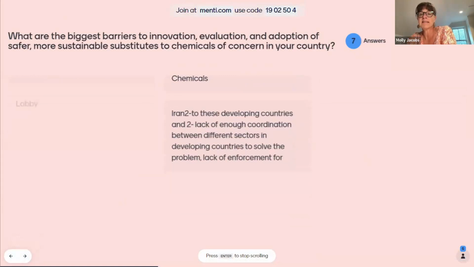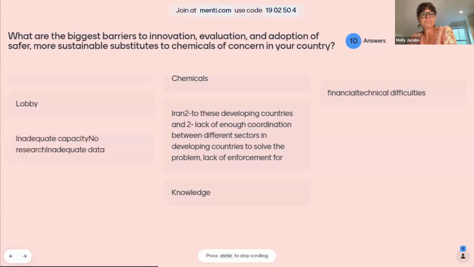And also people are raising the connections with things like a circular economy, all part of why we need this transition, and why the innovation side as well as the adoption side is key to helping us move and shape into this direction. Yep, lots of comments about human health protections.